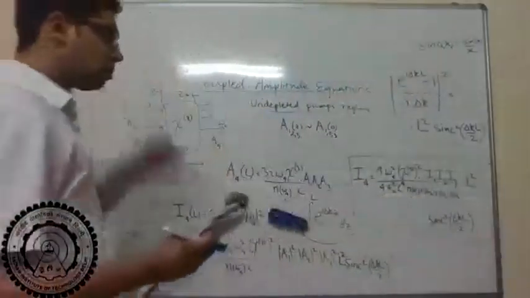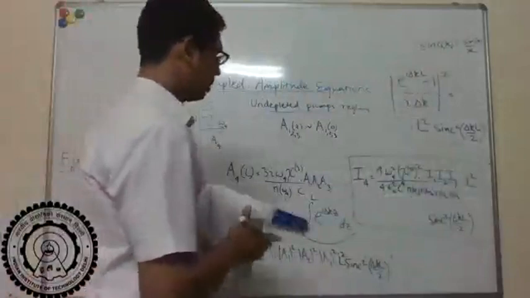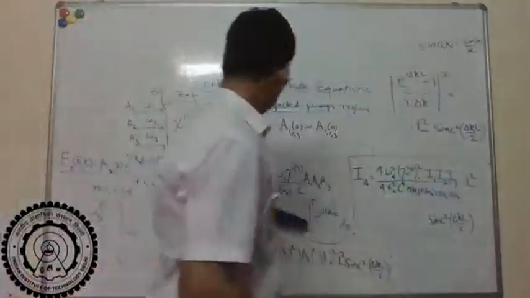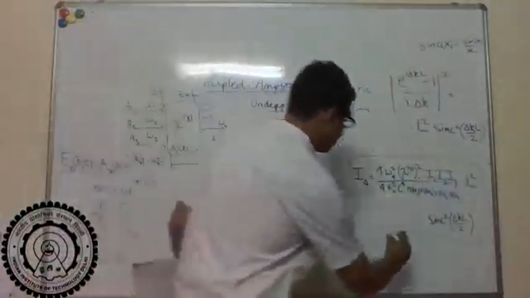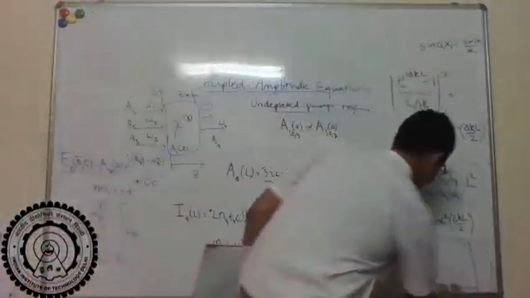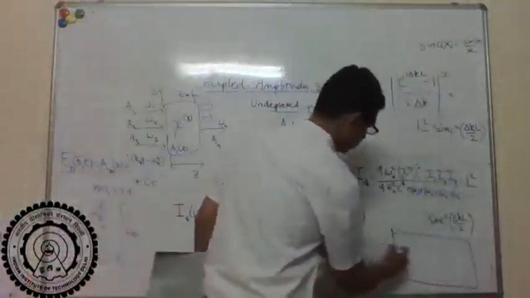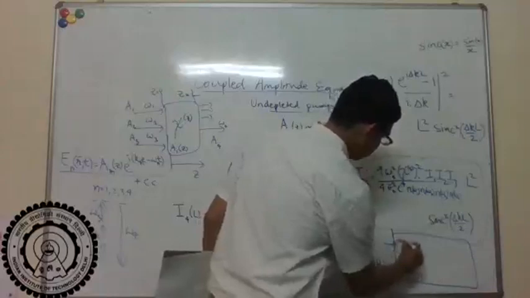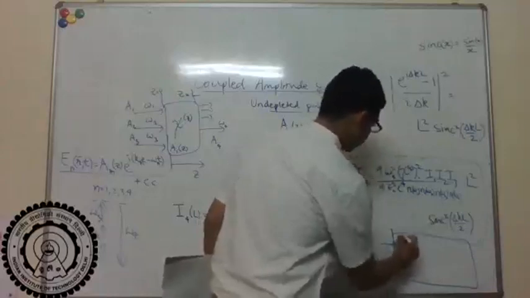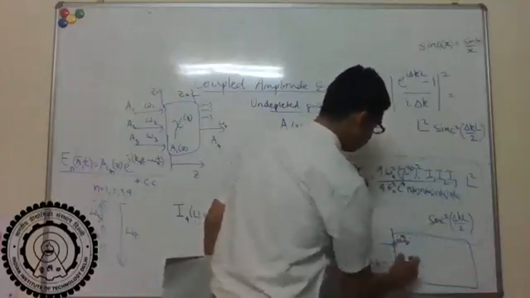So what is it saying? Basically, if you look into the medium, what's happening is, I start from here, right? And then in the first small section, I generate a small wave at omega 4.